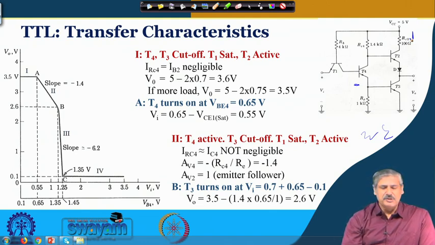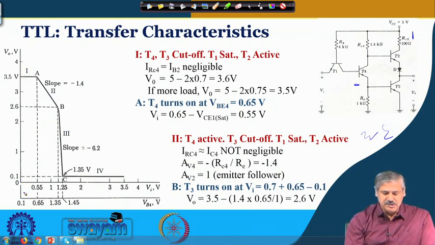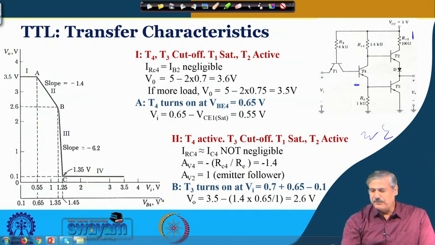We shall discuss each one of them turn by turn, and the first thing we start with is the case when the input voltage is 0. So, this Vi is 0. There is a reference to VB4, this particular voltage, that we shall discuss a little later.